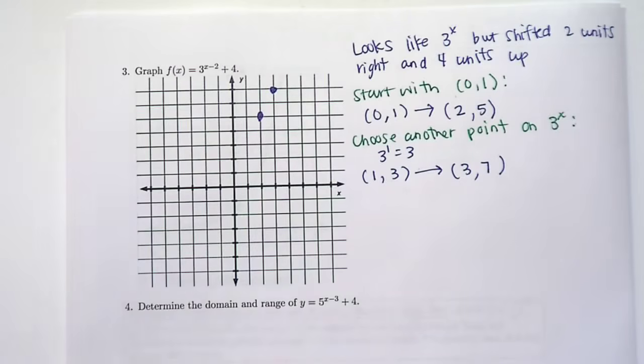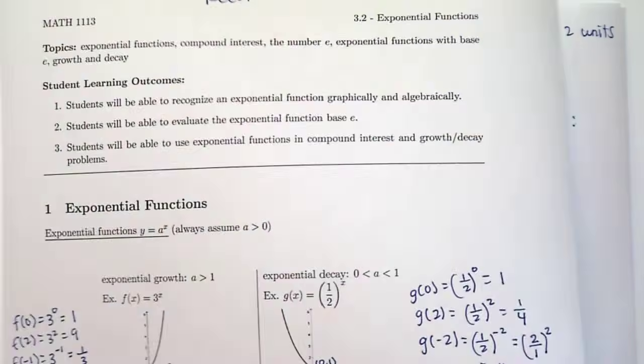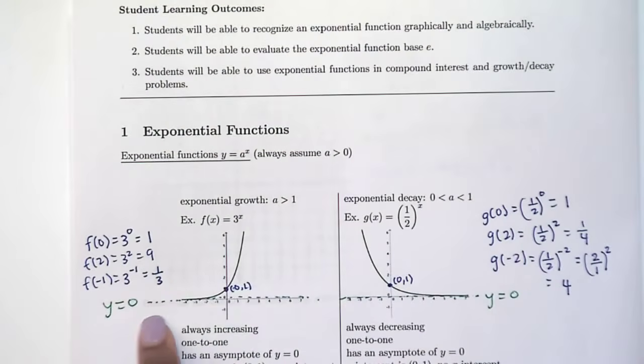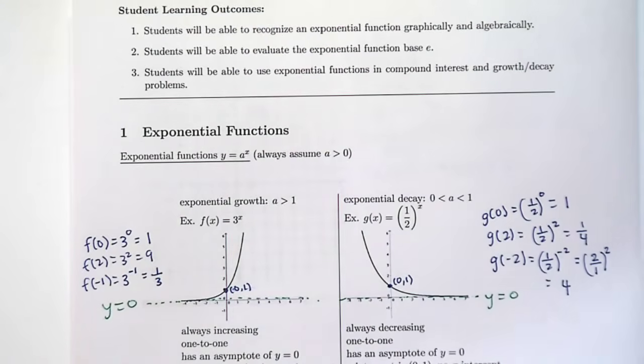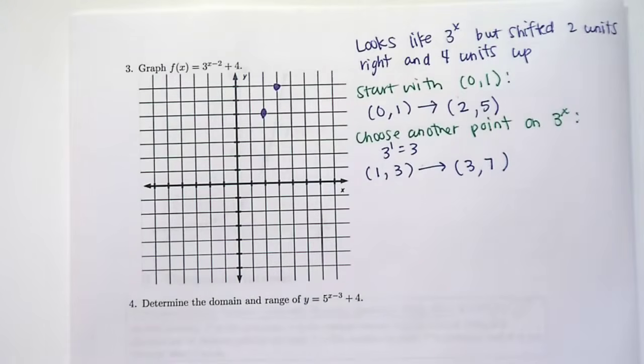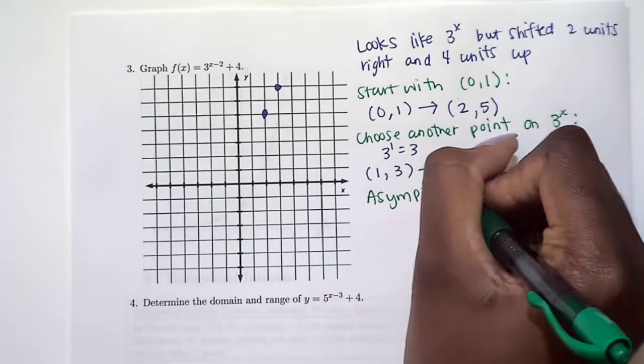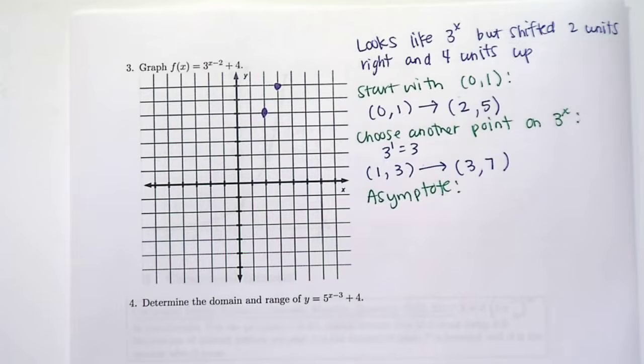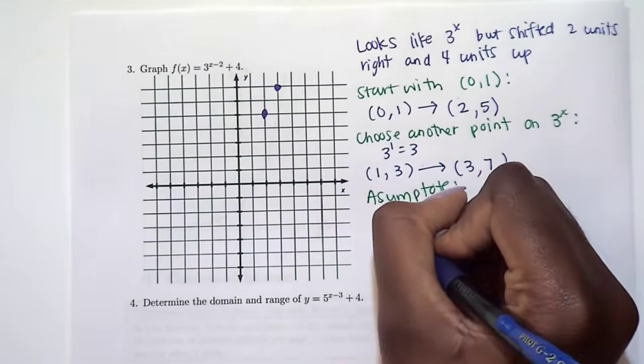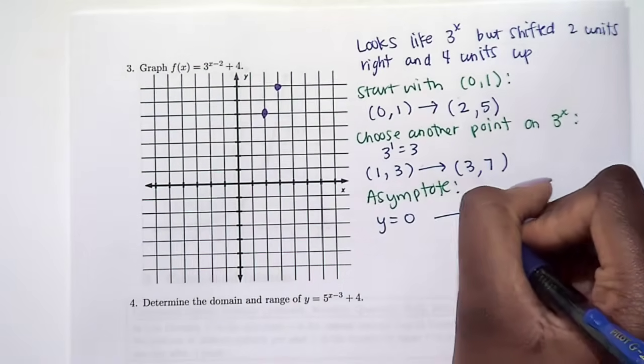There's one more major characteristic that we need to be able to graph this exponential function. It's the asymptote. On 3 to the x, the asymptote is y equals 0.